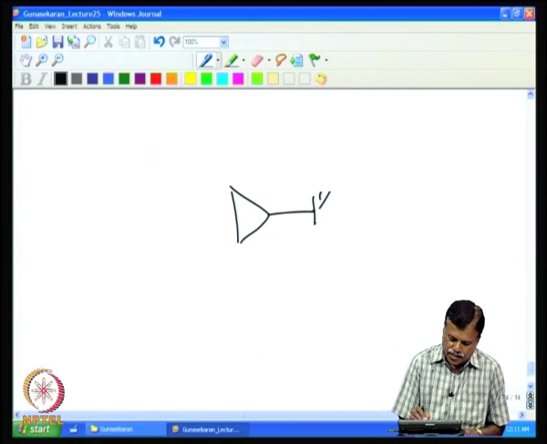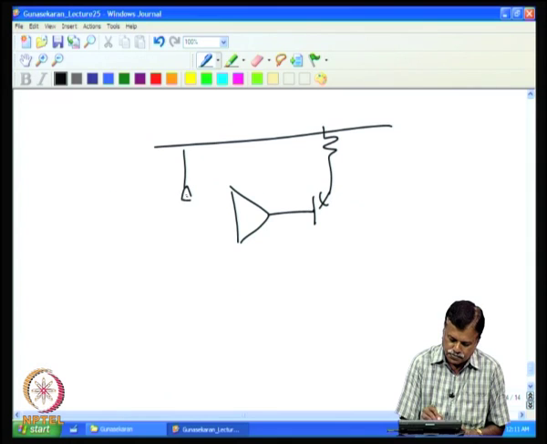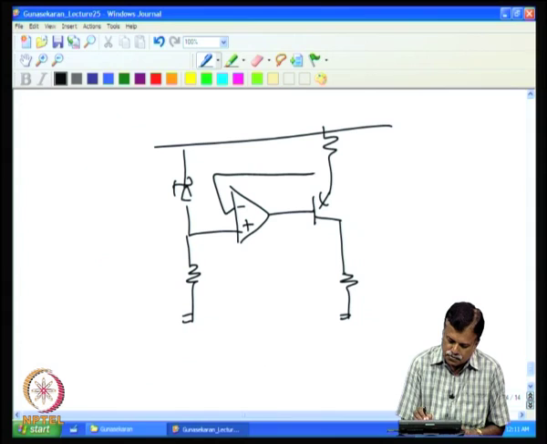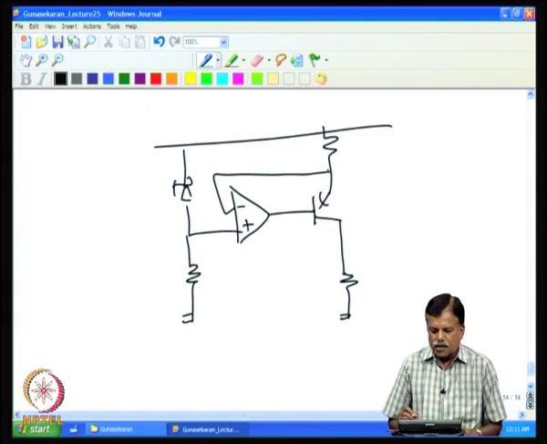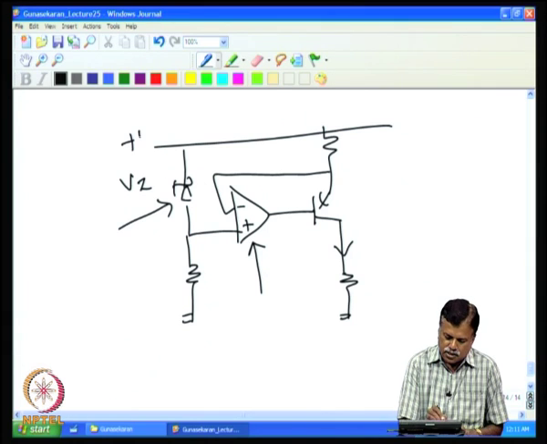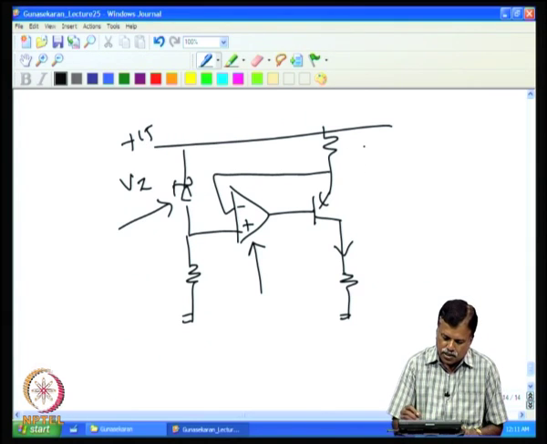For example, if I have a circuit like this, the offset voltage drift of this op amp will give an error, and the drift of this zener will give a current error, because this is a current source. If this is Vz and this is plus 15 and this is R, you get the current I as Vz by R.